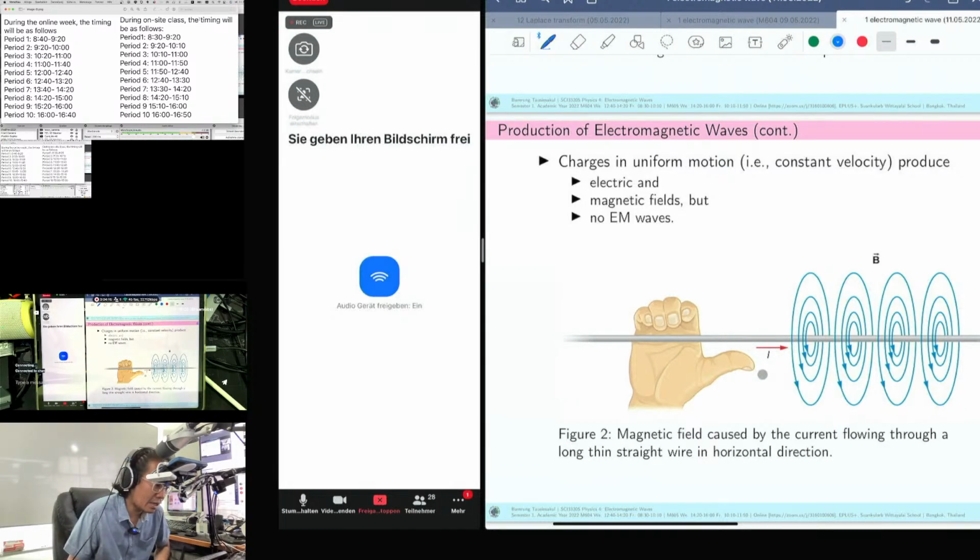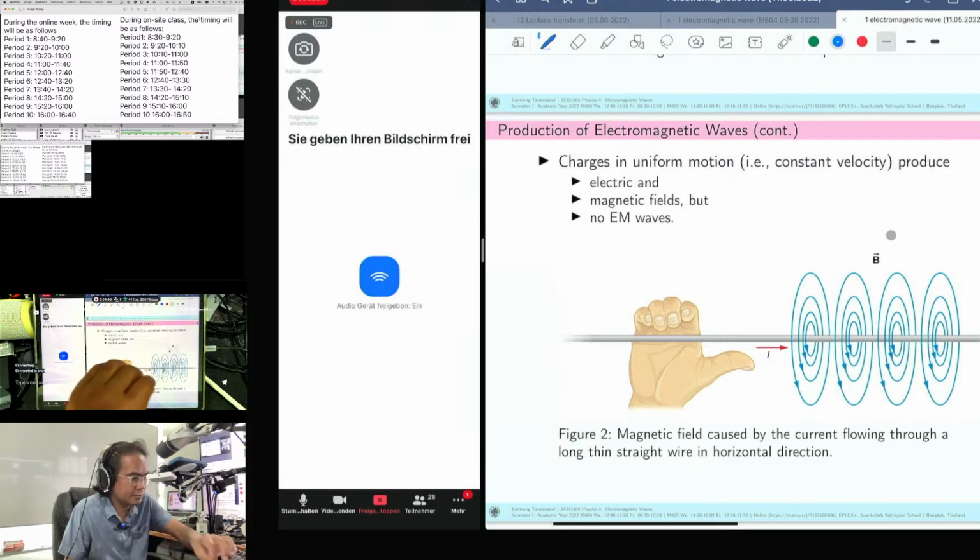And you would have the remaining fingers, okay, like this. If you turn around your fingers, you will see the direction of your remaining four fingers will represent the direction of the B field, okay, the magnetic field.